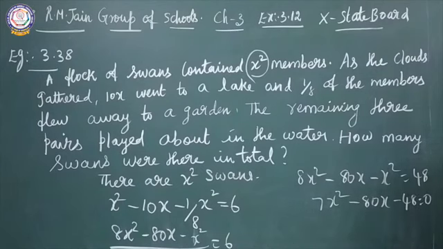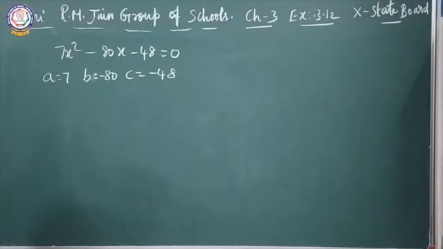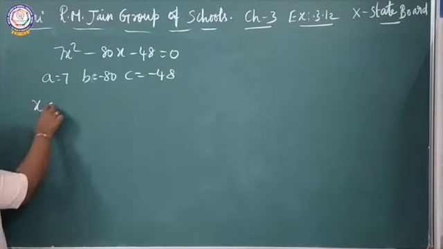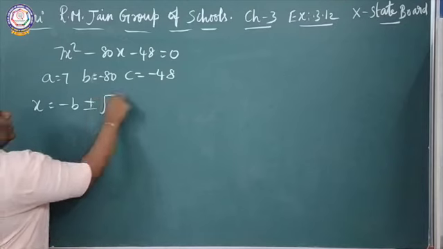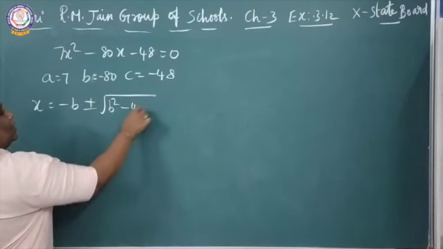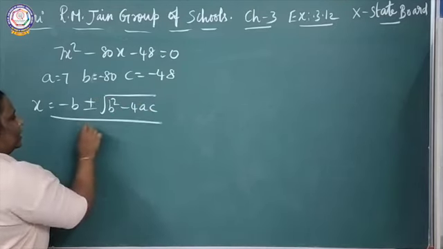If you want, you can do it by the sum product method, or otherwise you can use the formula also. It's your choice. See the formula: x equal to minus b plus or minus root of b square minus 4ac by 2a.